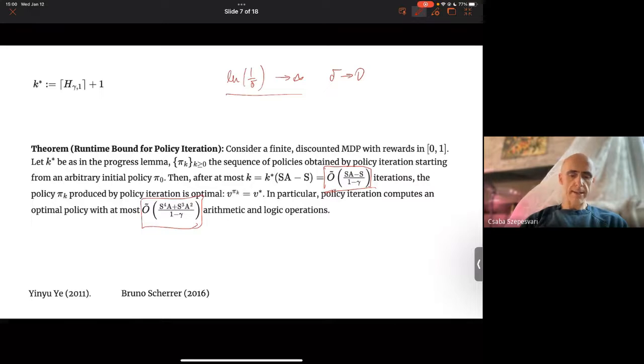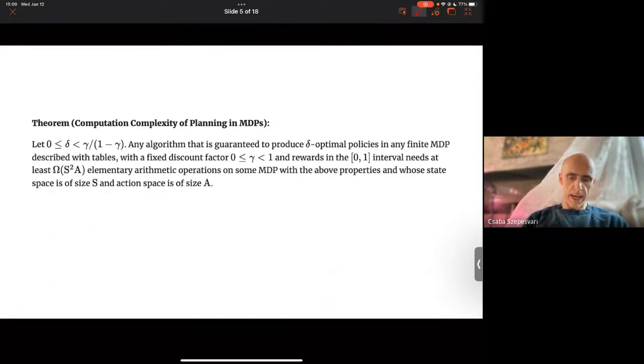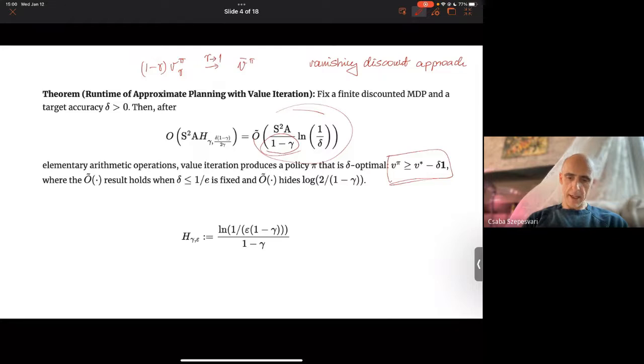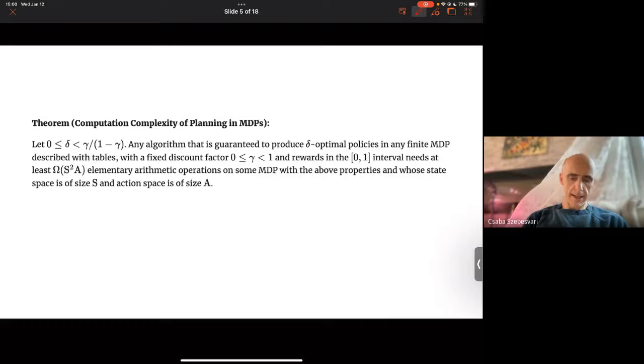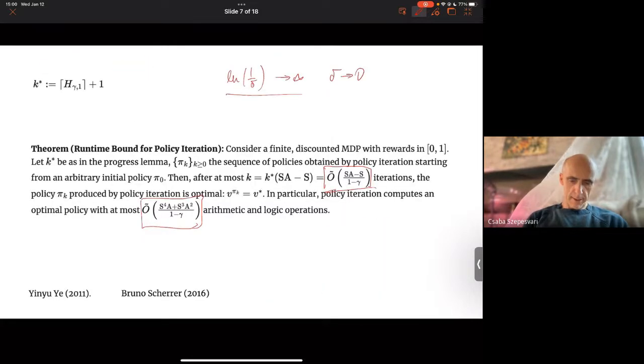So it's s to the power of 4 times s cubed a squared times age. So this should be compared to what we had previously for value iteration, which was s squared a over 1 minus gamma times log 1 over delta.